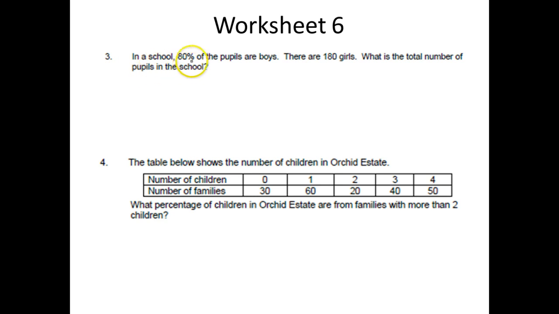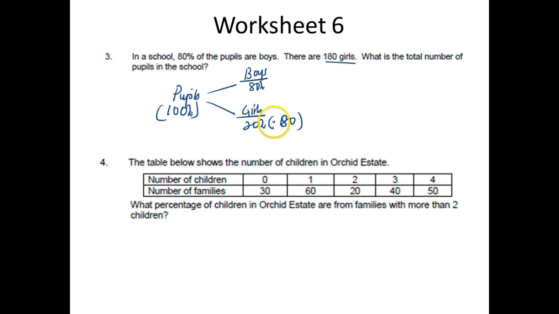Question 3. In a school, 80% of the pupils are boys. There are 180 girls. So pupils is my 100%. Boys, 80%. So the girls would be 20%. 100 minus 80 is 20%. There are 180 girls.